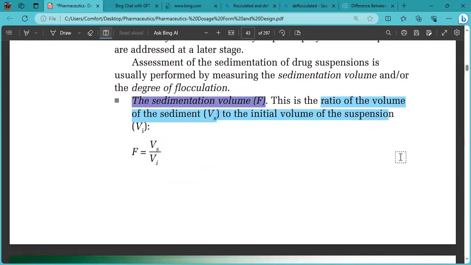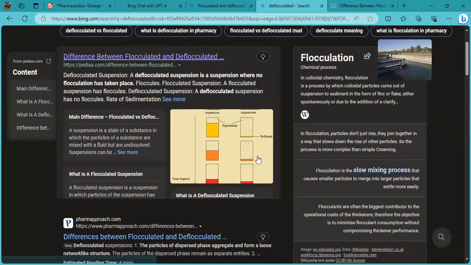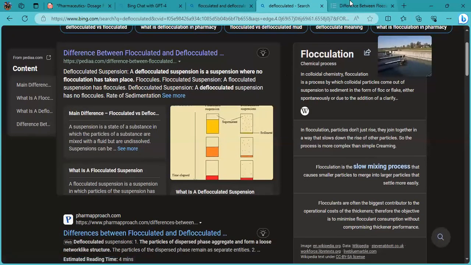The other criteria that can be used to assess the sedimentation of drugs: another one is the sedimentation volume. It's the ratio of the VS, which is the initial volume of the sediment, to the initial volume of the suspension.